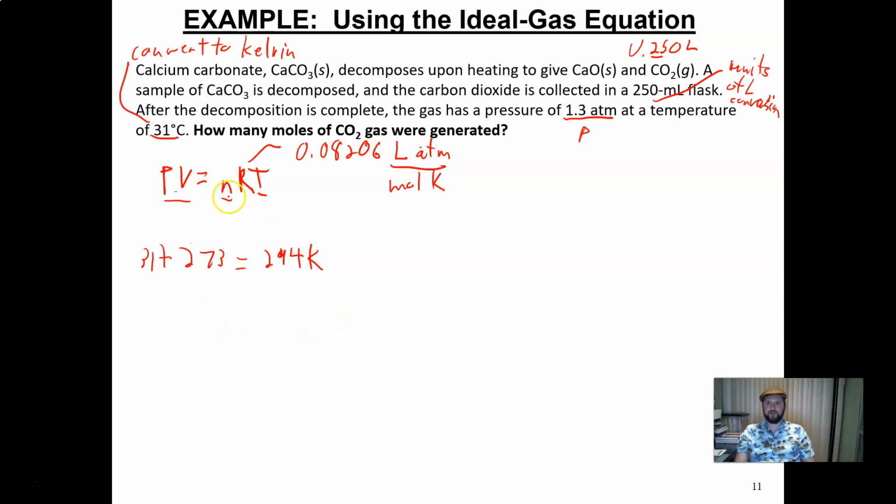Well, notice we're going to isolate this. So we've got to isolate n. So n will be equal to PV over RT. And now all we have to do is plug in the units. We got 1.3 atm. Then we got the 0.25 liters.